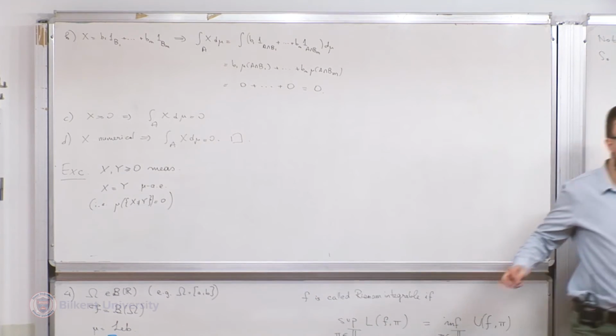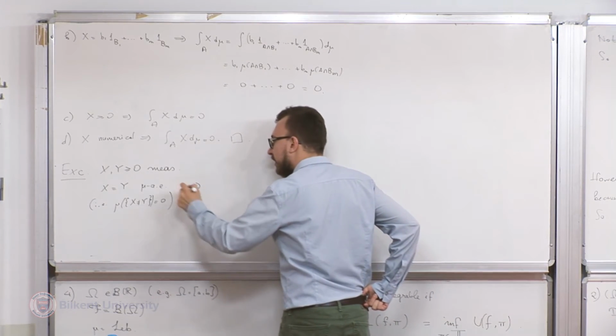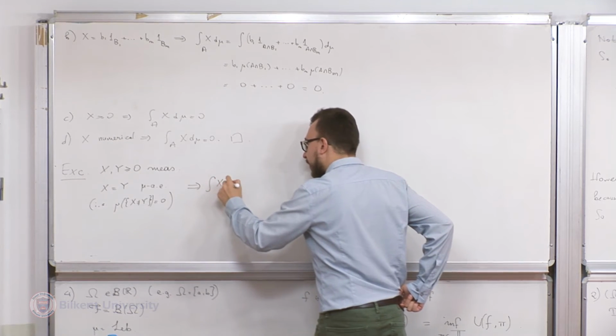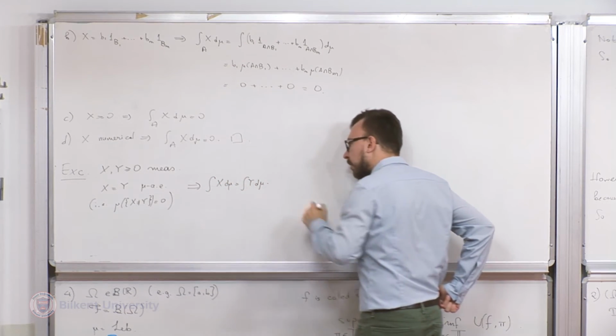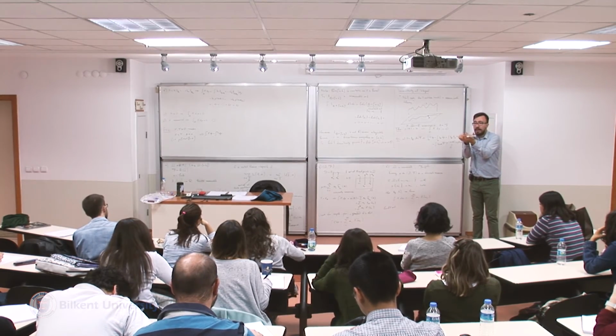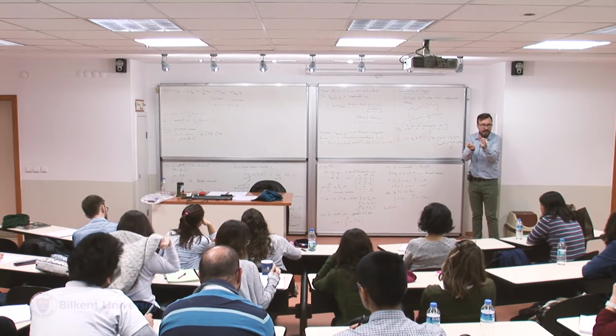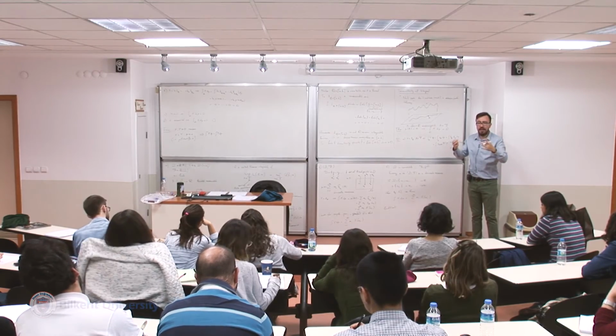Almost everywhere means this does not fail except on a null set. Otherwise, it always happens. So if you have two functions that are equal almost everywhere, then their integrals are equal. So this difference between x and y, which only matters on a null set, does not affect the values of the integrals. So if x and y were completely identical, their integrals would be identical. But if they differ on a null set, we still have the result. The integral is insensitive. That's why.